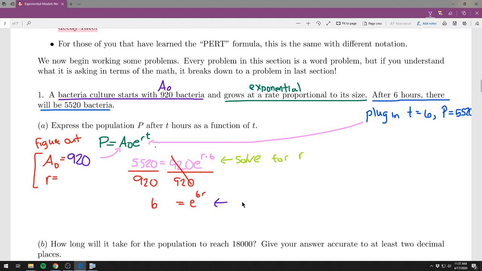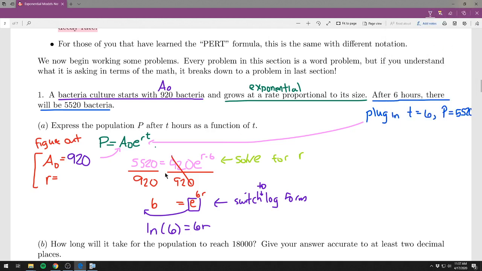After we got the exponential part by itself, we switch to log form, just like in the last section. We grab our e, which brings the base to the other side. Log base e is the natural log. We got ln of 6 equals the exponent, 6 times r.